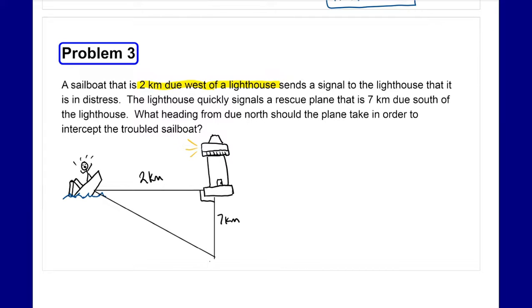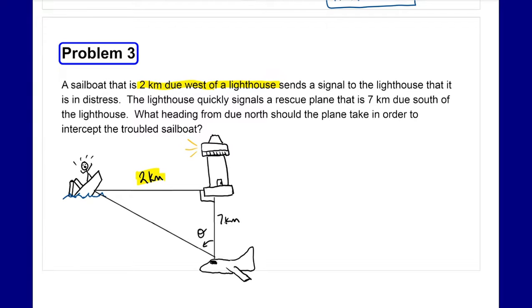And then we have our plane down here at the bottom, and we want to figure out at what angle from north our plane should be flying in order to head to the sailboat. So we have all the information we need.